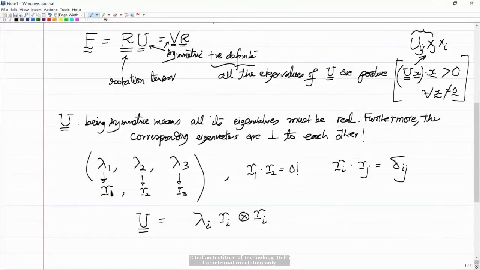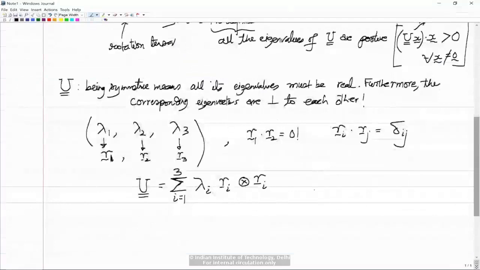If it's a free index, it has to appear only once. If it's a dummy index, it can appear only twice. But here we have i appearing thrice. So this can't be written in summation convention form. So you have to explicitly mention here that i goes from 1 to 3, because we really want i to appear thrice here. Since it is not allowed as per summation convention, we explicitly mention the summation, that i is going from 1 to 3. So this is also called the eigen decomposition of U.